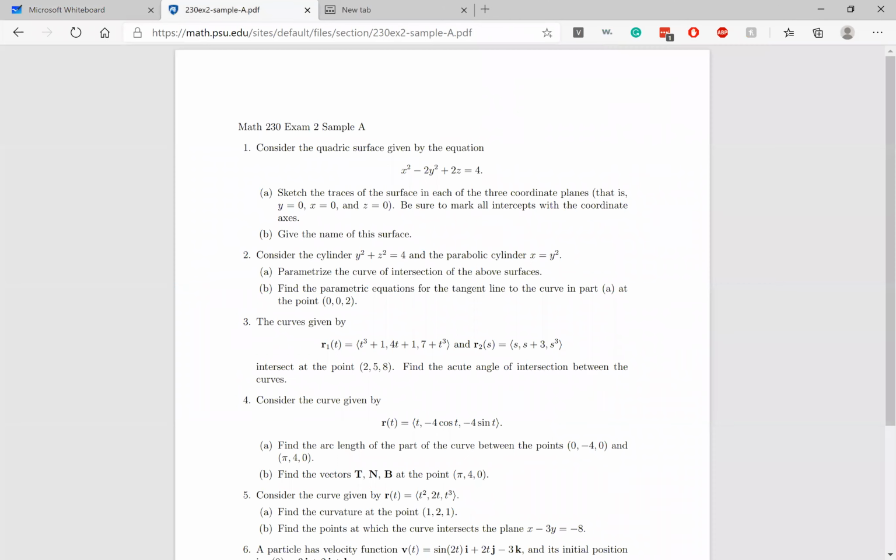And then they ask us to parameterize the curve of intersection of the above surface, and find the parametric equations of the tangent line to the curve.